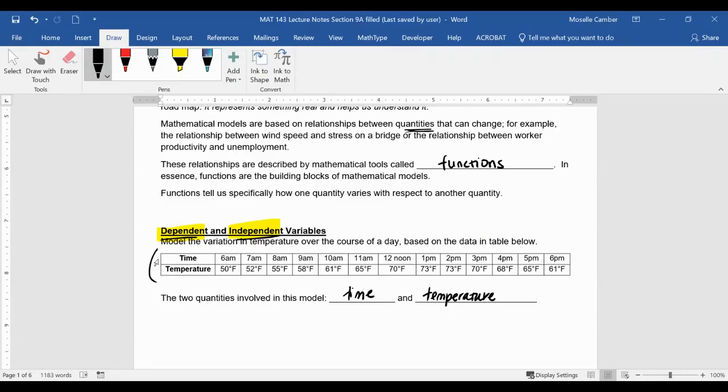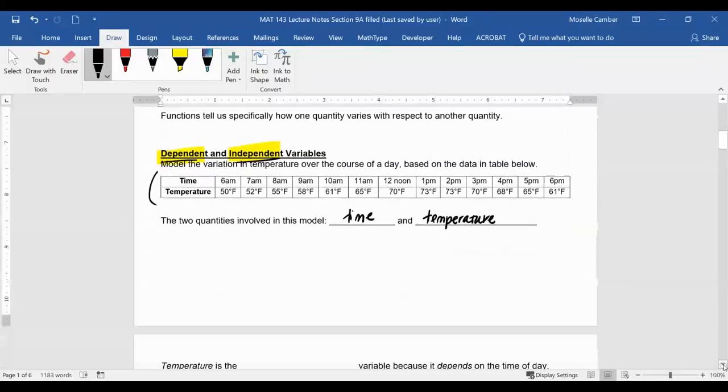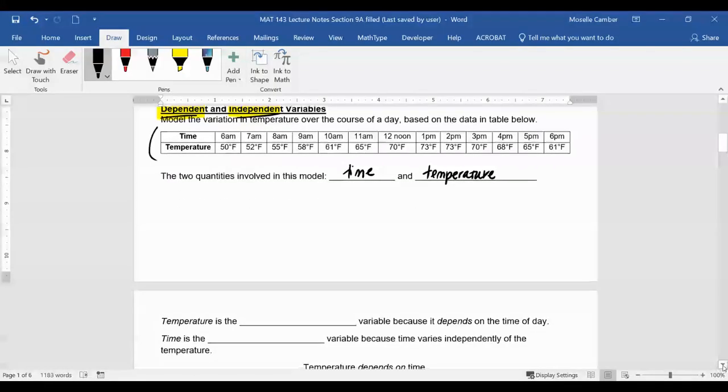So which one is which? Does time depend on the temperature, or does temperature depend on the time? Well, obviously, temperature is going to be the dependent variable because the temperature of the day depends on the time of day, right?